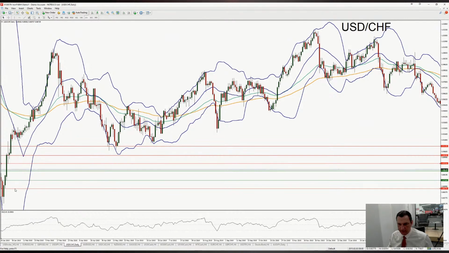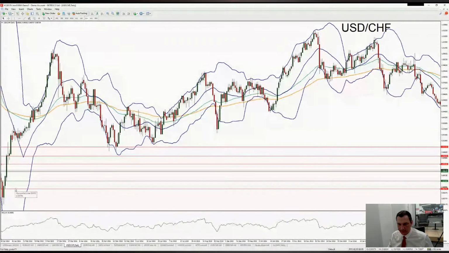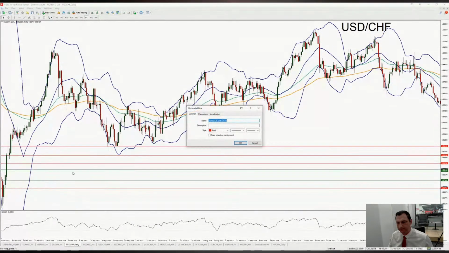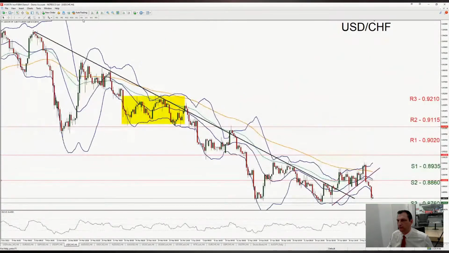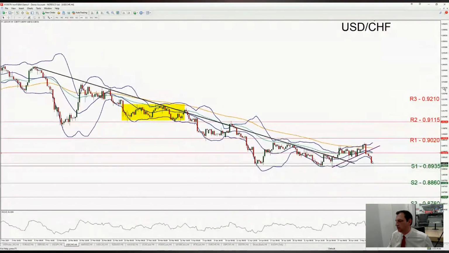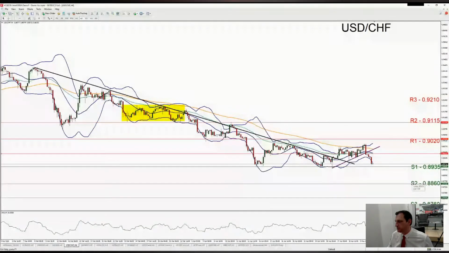We have a touch, and that's all the way back to 2015. We're talking about an 8-year low here in green. 0.8680. Locking it in. Readjusting the chart back to the 4-hour chart. Once again, readjusting it. Let's correct also the labels.